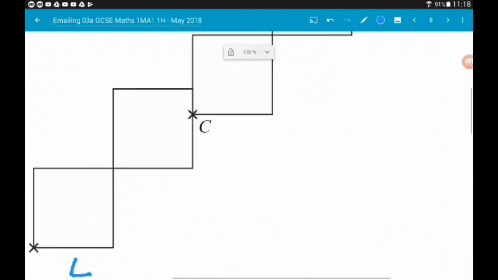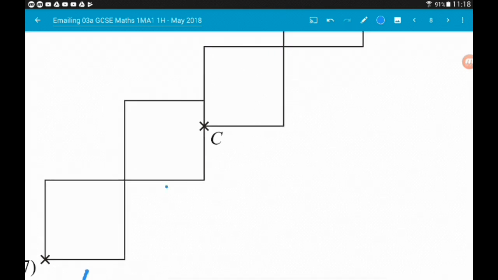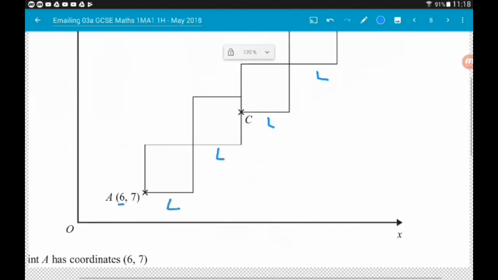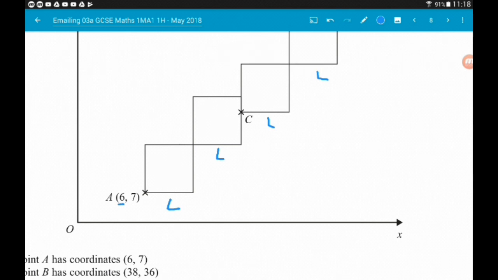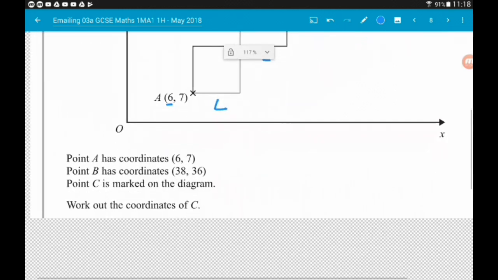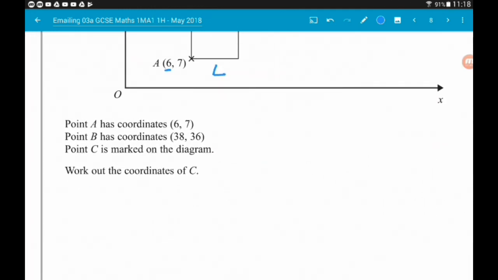So, well, there's 4 squares between these points. So we go along 4 lengths of the square. So what we could say is that 6 add 4 of the side lengths, so add 4L, is equal to 38.